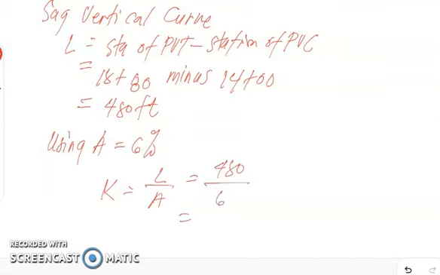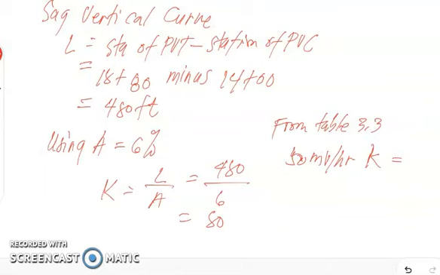Actually, K is the horizontal distance to make a 1% change on the slope, equal to 80. So from table 3.3, the K value for 50 miles per hour is equal to 96.